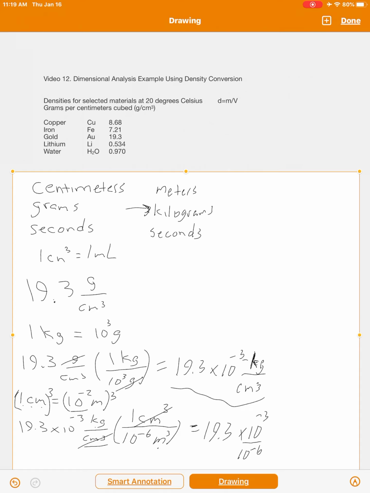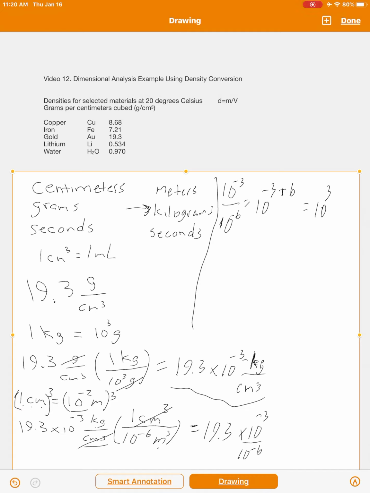If you recall from the powers of 10 lecture, you subtract the exponent in the denominator from the numerator. So 10 to the minus 3 divided by 10 to the minus 6 is equal to 10 to the minus 3 minus a minus 6. So that's plus 6. And so that would be 10 to the 3. So our powers of 10 end up being 10 to the 3.